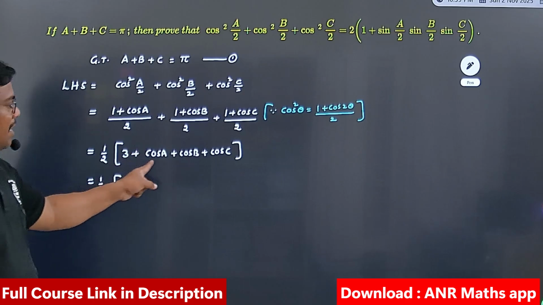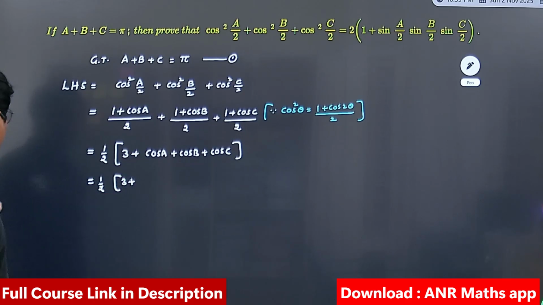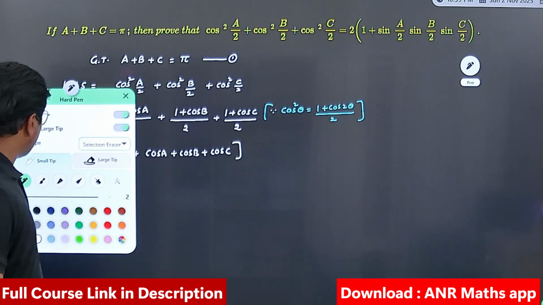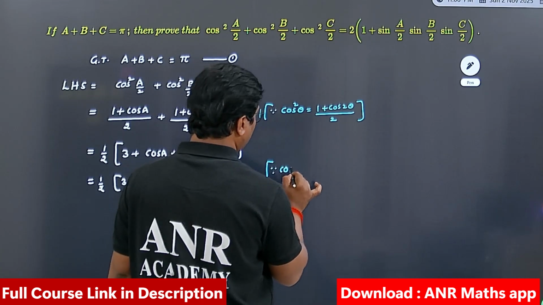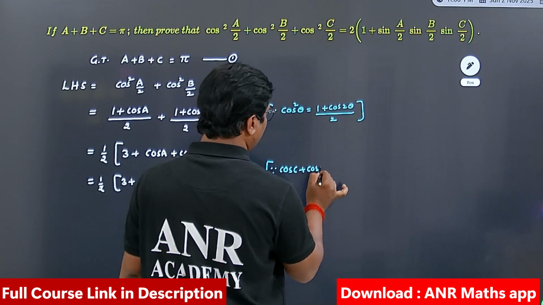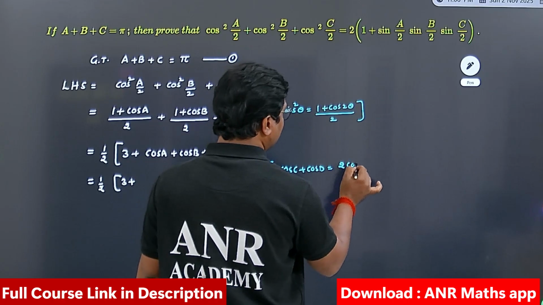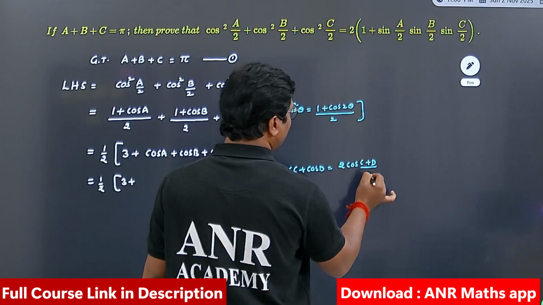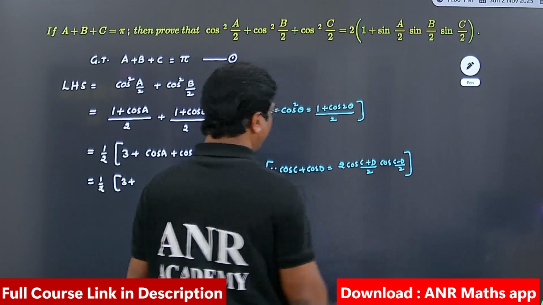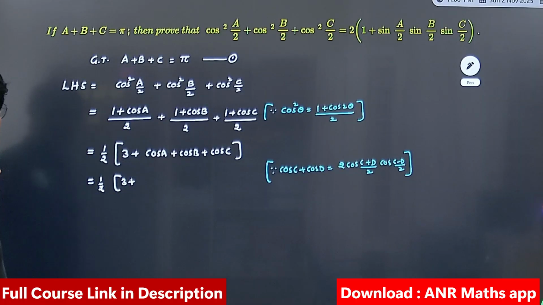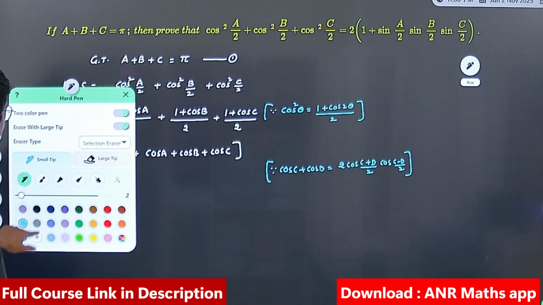Now apply the cos C plus cos D formula. You know that cos C plus cos D can be written as 2 cos (C plus D) by 2 cos (C minus D) divided by 2. This transformation I am going to use in this step.